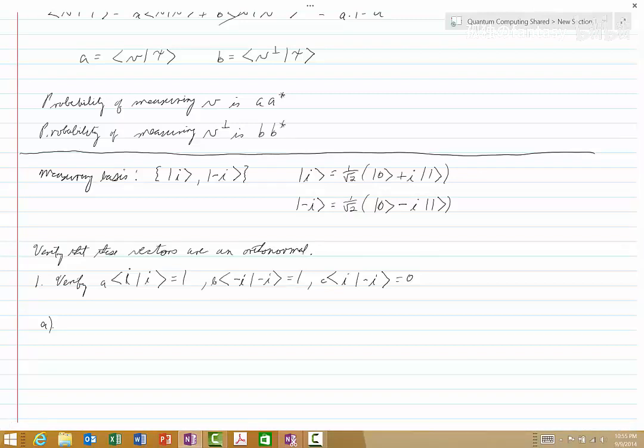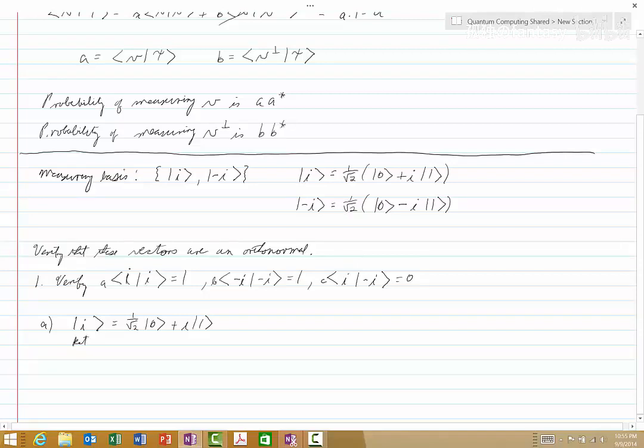Okay, the way that I want to talk about this is the following. Okay, I is equal to, as we've already written, 1 over square root of 2 times 0, plus I times 1. And remember, this is called a ket.